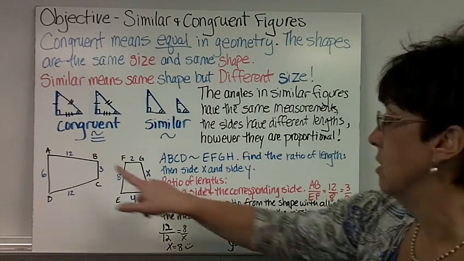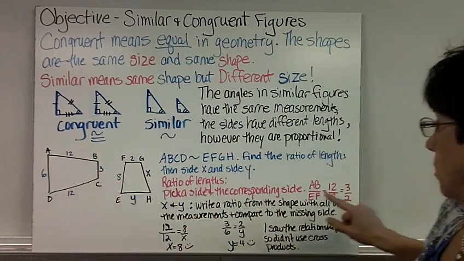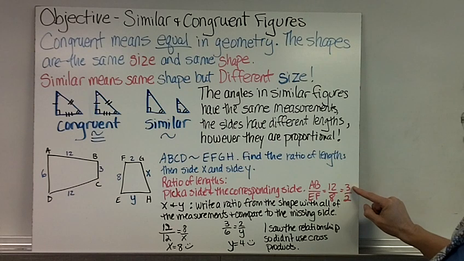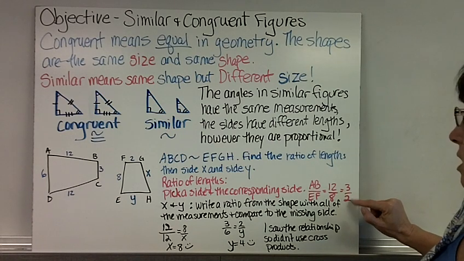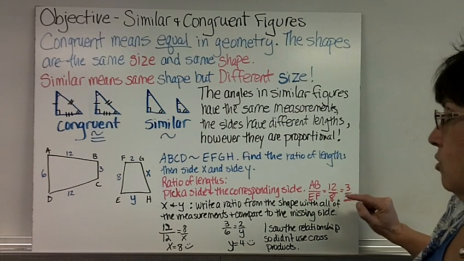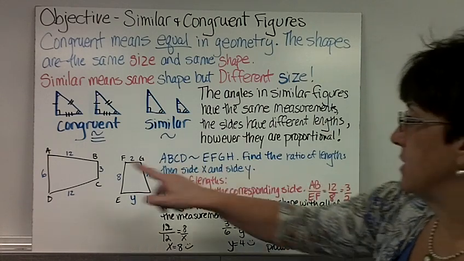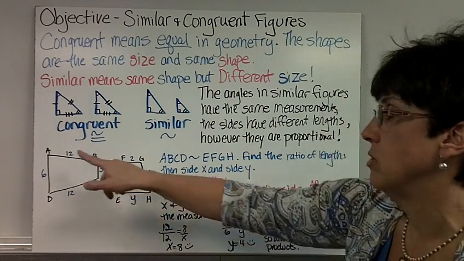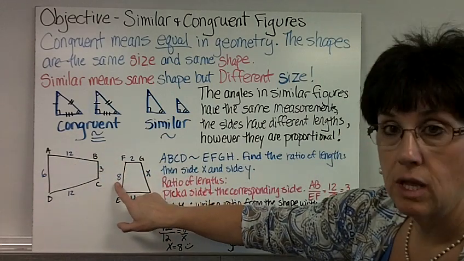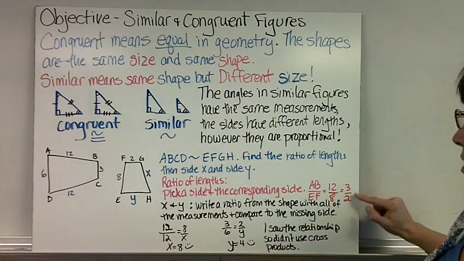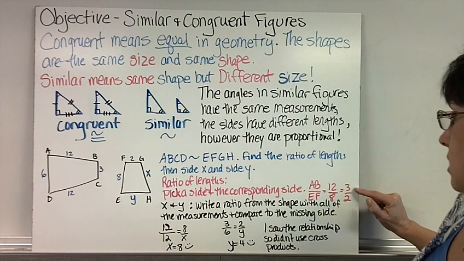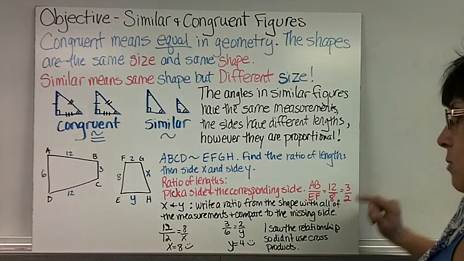Now the measurement, 12 over 8. And simplify it, 3 over 2. So what that tells you is the ratio of the lengths is that if this side is 3, this side will be 2. This is 1.5 times bigger than this one is. That's 3 halves, 1.5 times. Tells you the first one is 1.5 times bigger than the second.